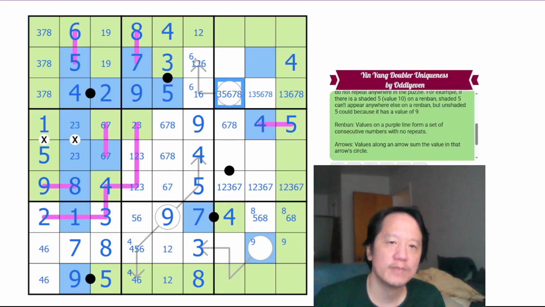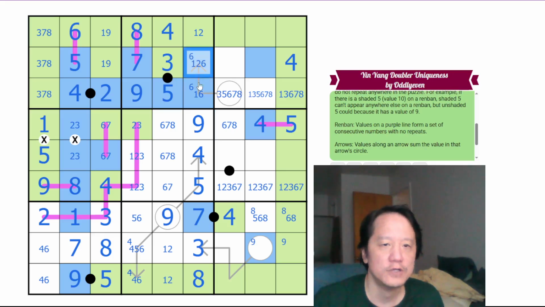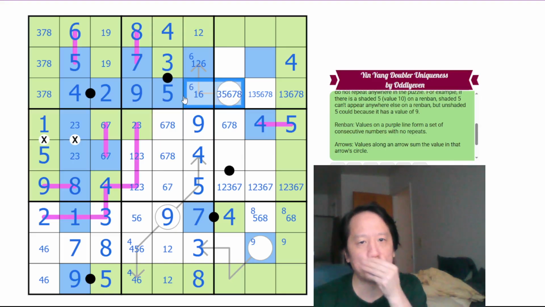Huh. This has to be not green because of the 3 by 3 that has 3 greens in it. So this is blue. We'd have a diagonal of blue. So this is blue, which means this must be blue here.